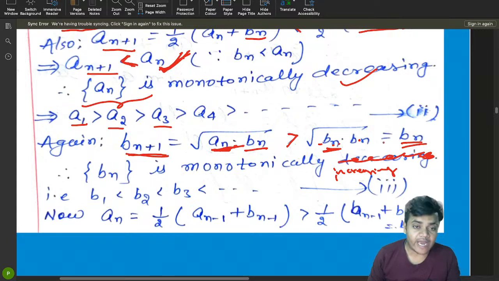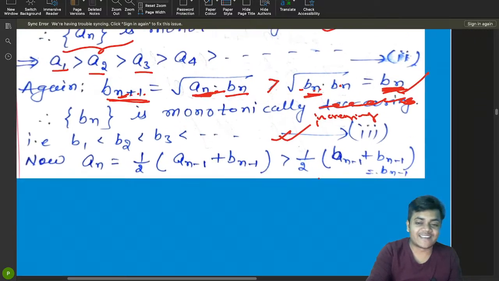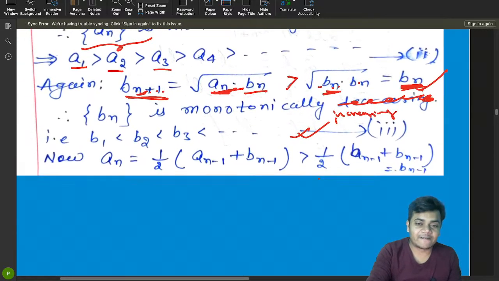If we put n equals 1, then 1 plus 1 is 2, so b2 will be greater than b1. If we put n equals 2, then 2 plus 1, 3, so b3 will be greater than b2. So hence bn is monotonically increasing, and an is monotonically decreasing. It is quite clear.